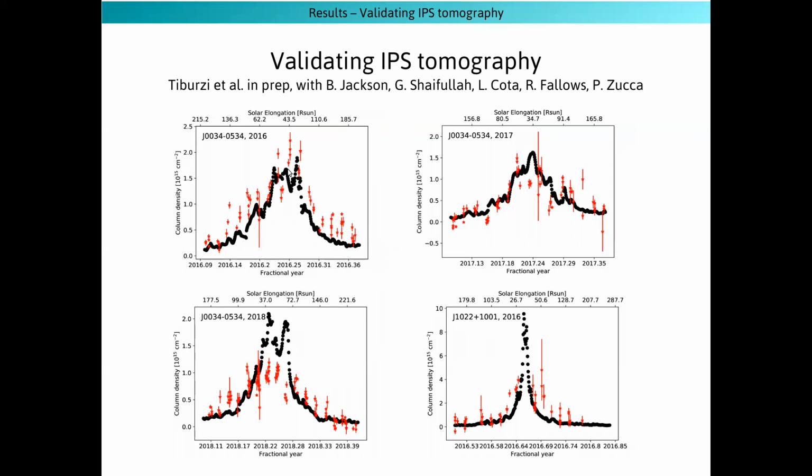Here I'm showing 4 solar passages of 2 different pulsars, J0034-0534 and the already mentioned 1022. In black you can see the reconstructed tomography, IPS tomography for example, and in red the pulsar data, and you can see that except for some clear discrepancies, the agreement is extremely good.